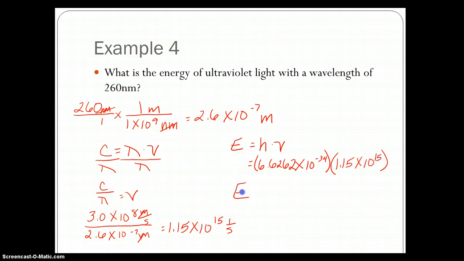And our energy comes out to be 7.65 times 10 to the negative 19th joules. So that's our answer. That's the energy of ultraviolet light with a wavelength of 260 nanometers.